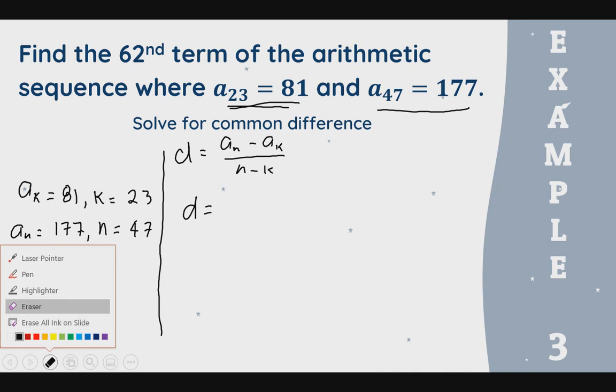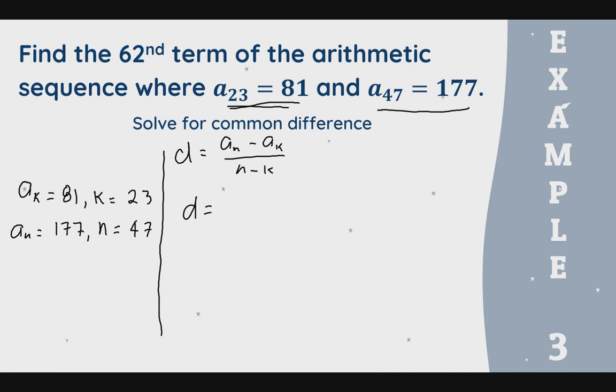So, our a sub n is 177 minus a sub k, which is 81, over n, which is 47, minus 23, which is the value of our k.